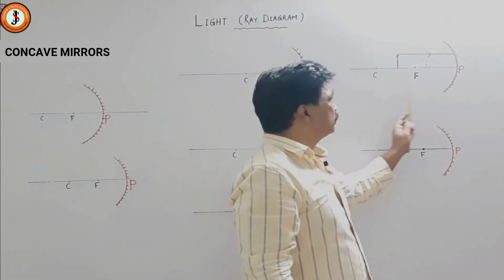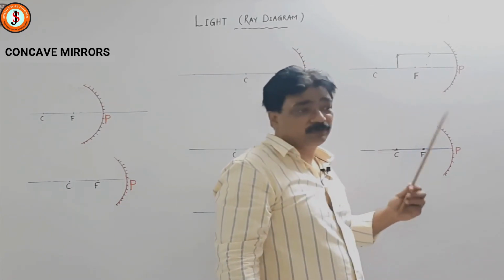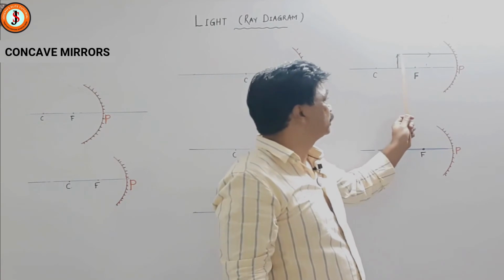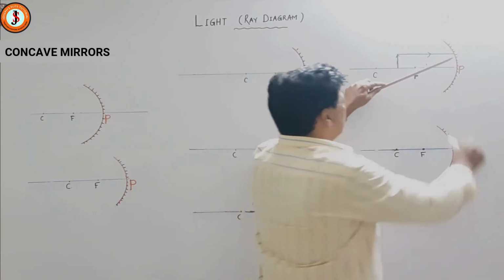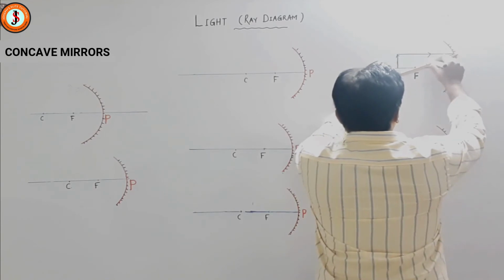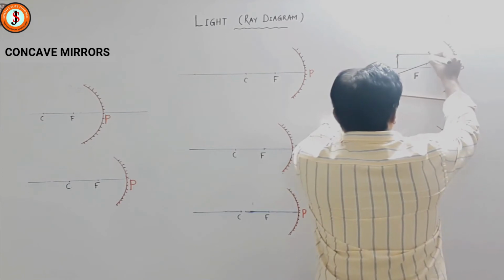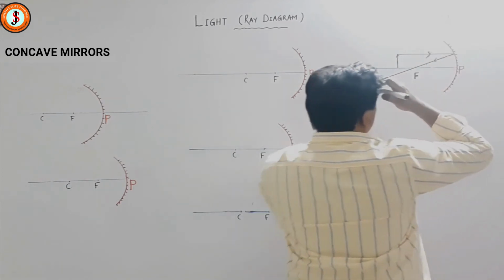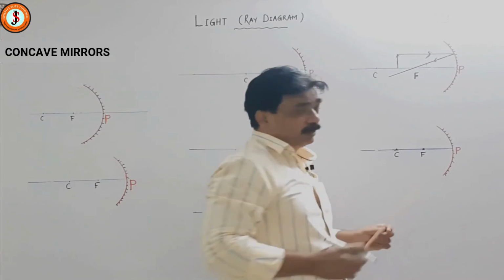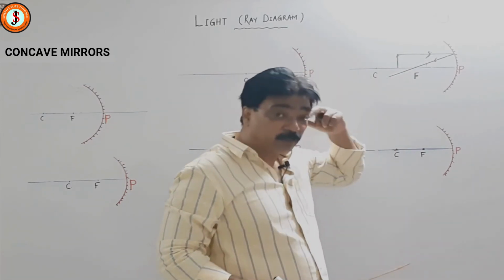Since you know rays parallel to the principal axis will pass through the focus, the first ray is always taken parallel to the principal axis, and it will always pass through the focus. So this is the first criterion. The ray moves like this, so I can make the arrow. Always from the tip of the object we have to take a parallel ray. This is fixed for all the images.